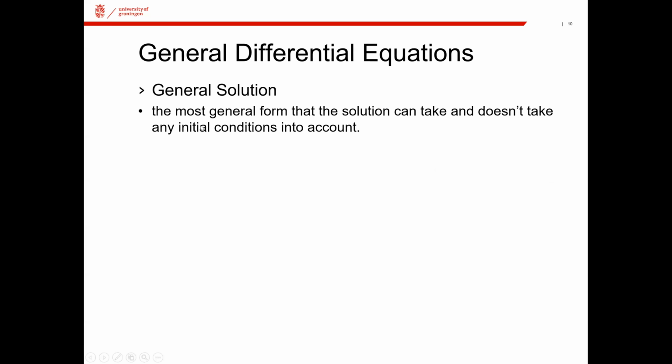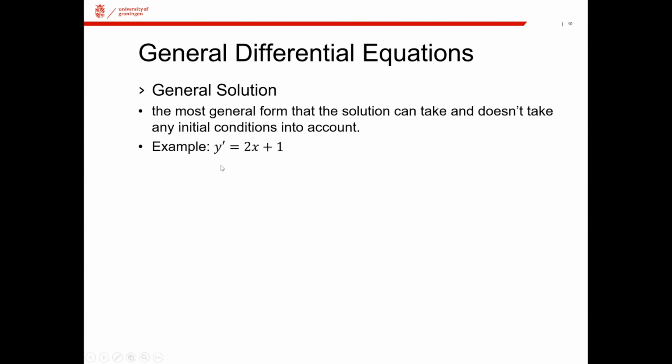And the general solution is the most general form that the solution can take, and it doesn't take any initial conditions into account. So when there is only a differential equation and no initial conditions, then we will have a general solution.